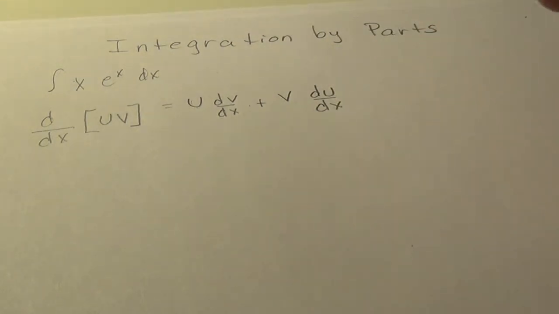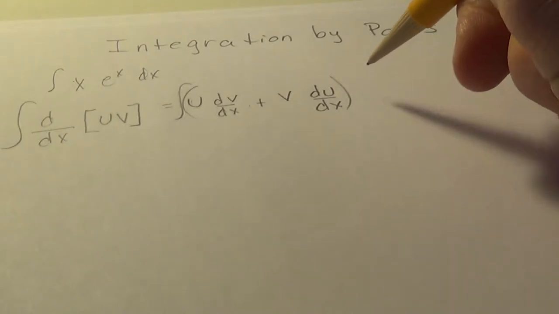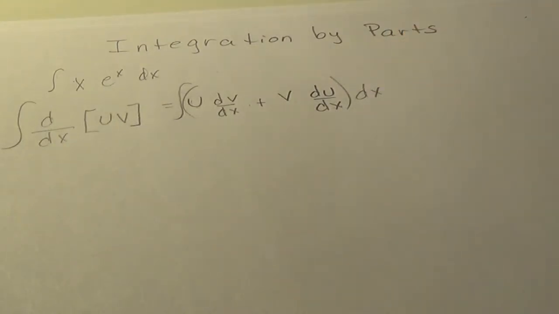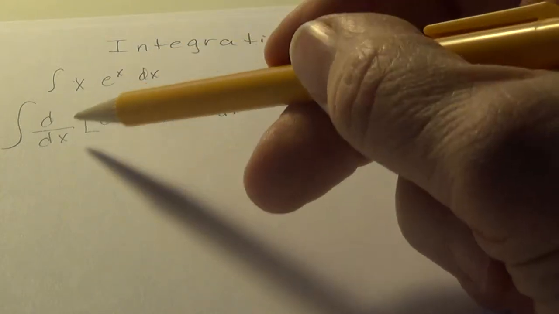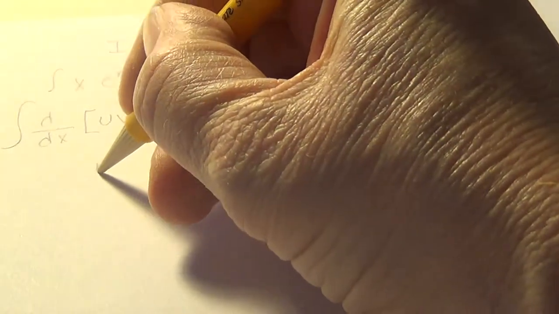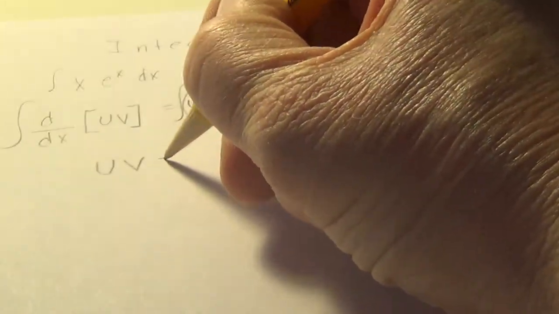All right, now I'm going to integrate both sides with respect to x, and I'm allowed to do that. On the left, the integral undoes the derivative and just leaves me with u times v.